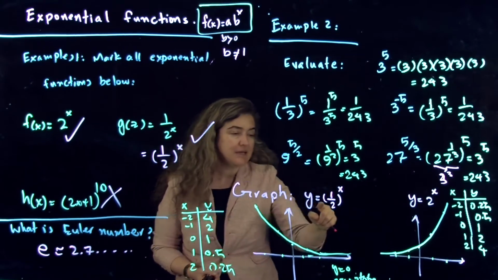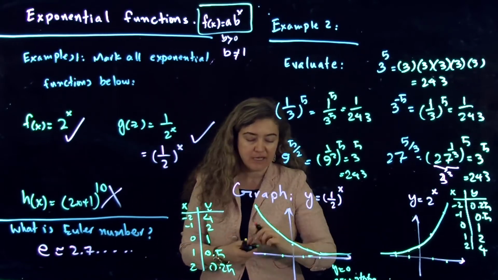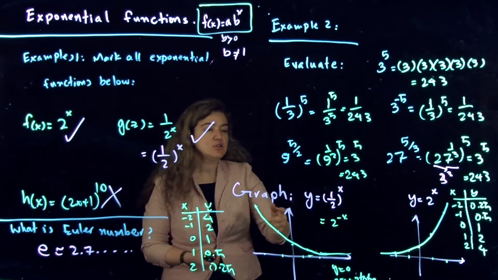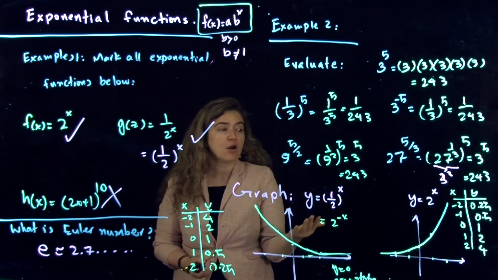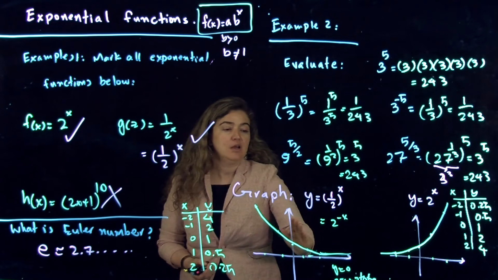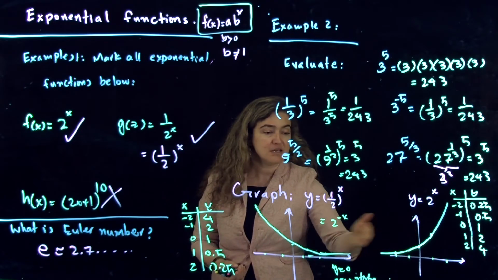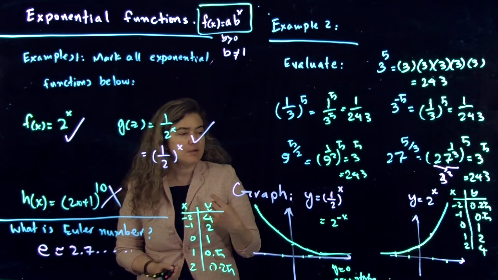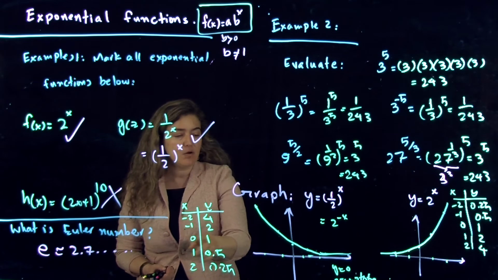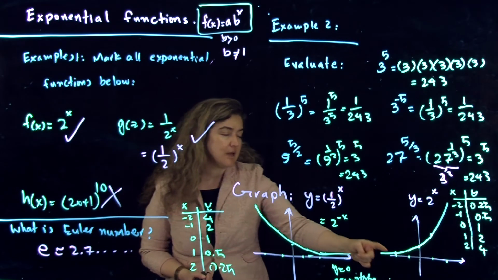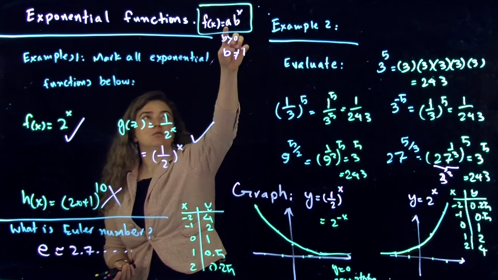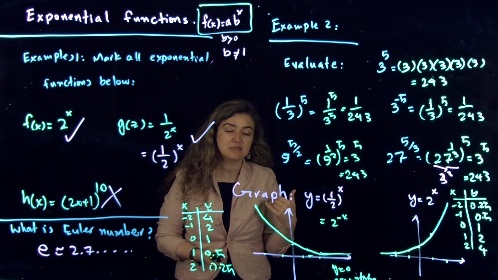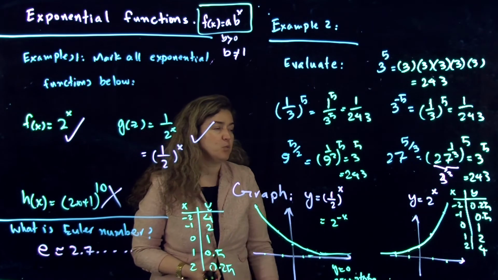I can write 1/2 to the power x, or I can write 2 to the power x. And this shows that the two graphs are a mirror image of each other over the y-axis, and that's something to observe. Other things to observe: whenever I plug in 0, I get the y-intercept for both of these, and if there is no other number multiplying the exponential itself, this is going to be 1.